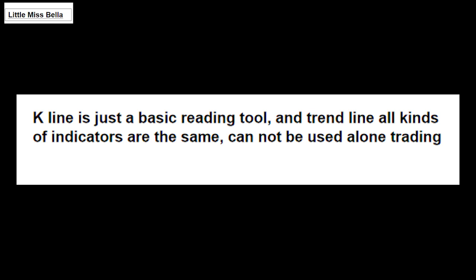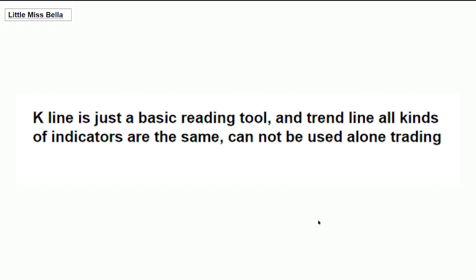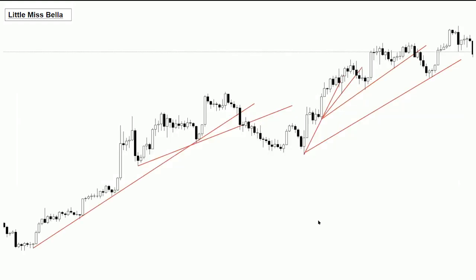In an uptrend you connect the lows of the bars, and you can draw an infinite number of trend lines on a chart. Look at what I've drawn here and what I haven't drawn, but it doesn't mean that you have to trade every trend line, and it doesn't mean that every trend line is useful. The same goes for counting K-lines. You can count any way you want, but it doesn't mean that you have to count whenever you want.